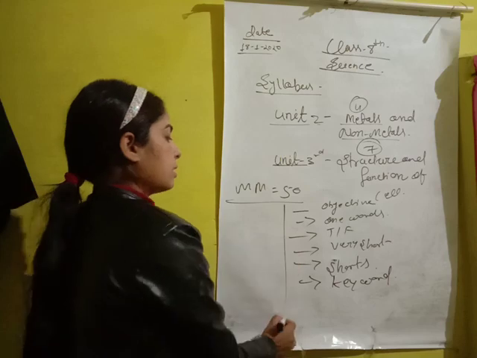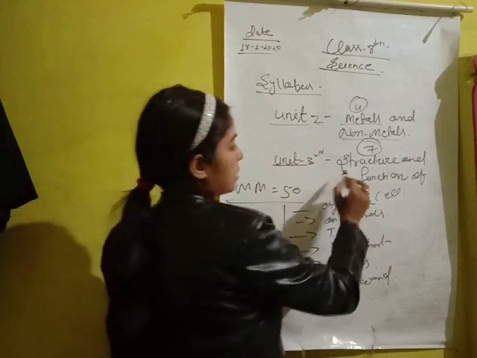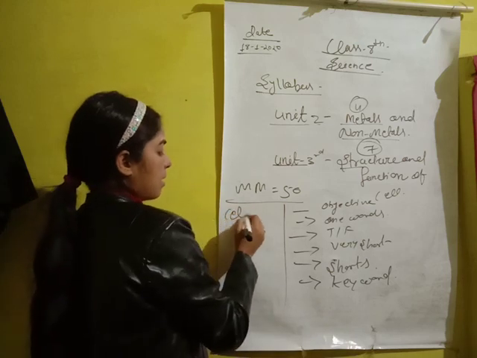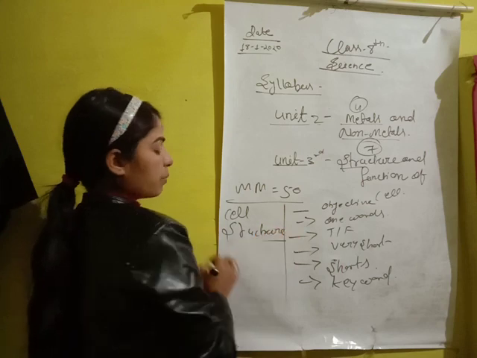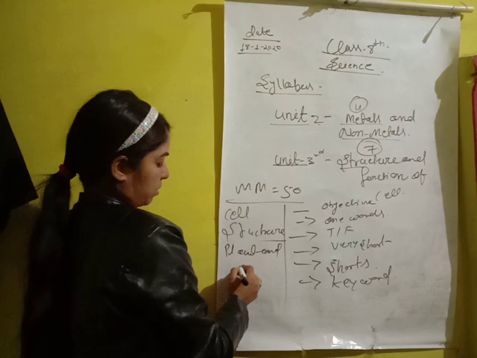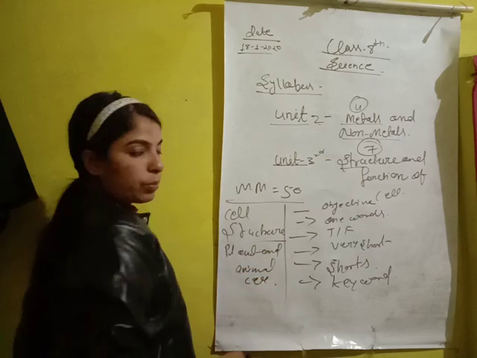And one thing is most important for this unit test: structure and function. So cell structure is very important, the plant and animal cell. You have to prepare for this.